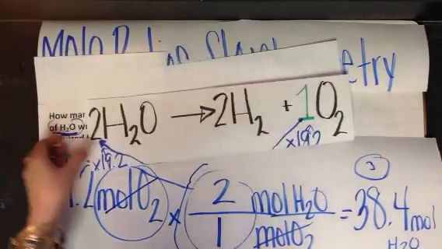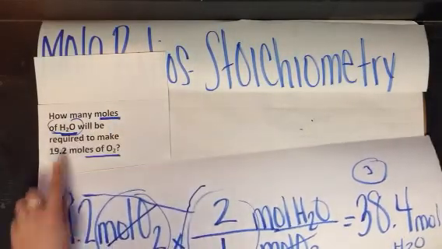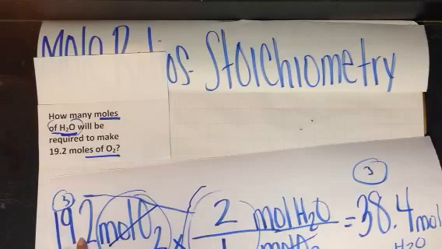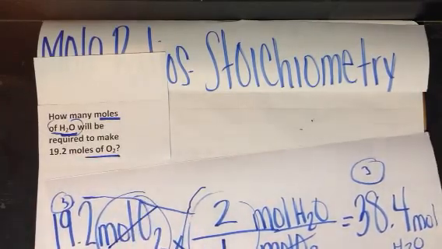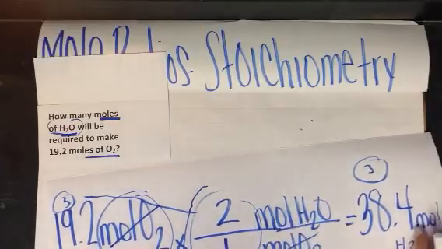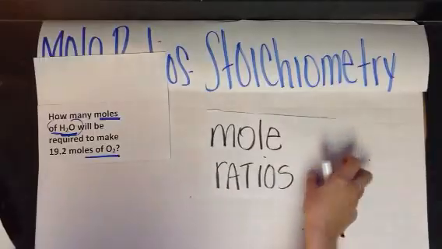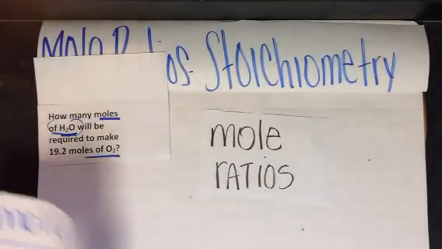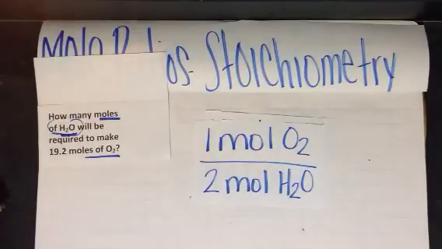Great. So the big picture here is always start with your given like we always have. Make sure you have your units. Top unit and bottom unit should match. And now we've learned that we could put a mole over a mole, and that's called a mole ratio. So remember, a mole ratio is when we put moles over moles, right?